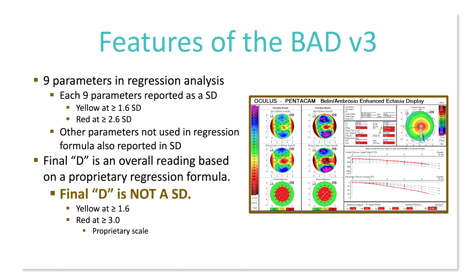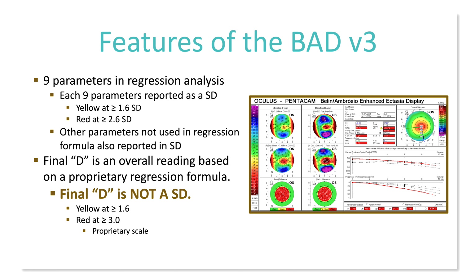Each of these 9 parameters are reported as standard deviations. It'll change to yellow at 1.6 standard deviations, and it'll change to red at 2.6 standard deviations. There are other parameters not used in the regression analysis, but they are also reported as standard deviations.